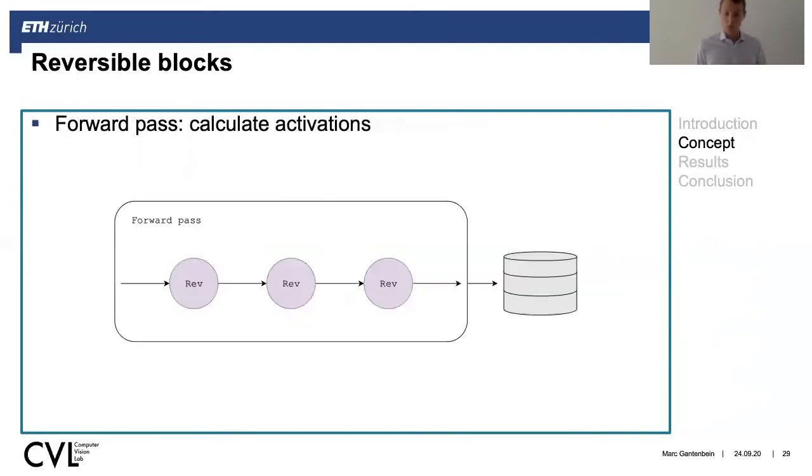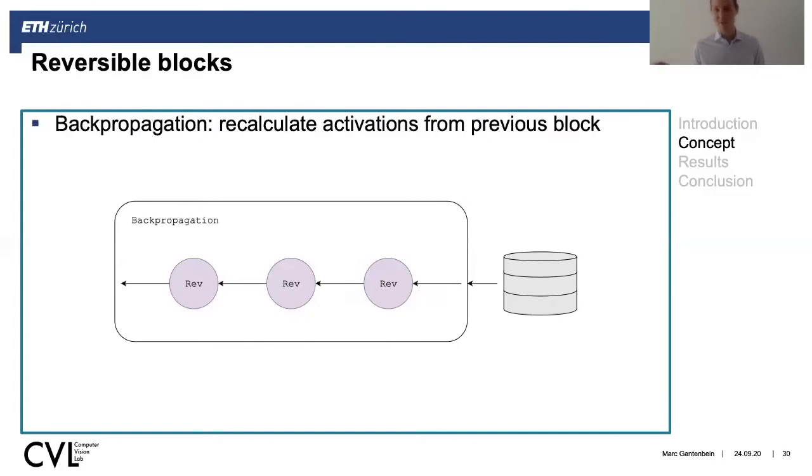Now with reversible blocks, we would just pass the activations through our reversible blocks, and after the reversible sequence, we would store them. For the backpropagation, we would then fetch this stored activation and recalculate all the activations that we need for the backpropagation.